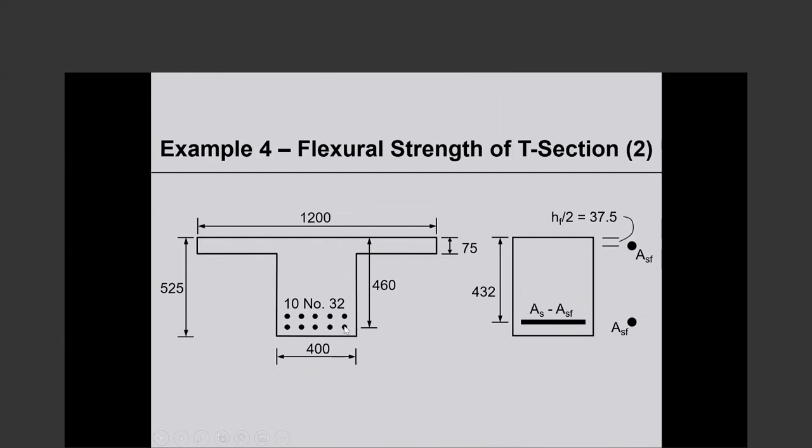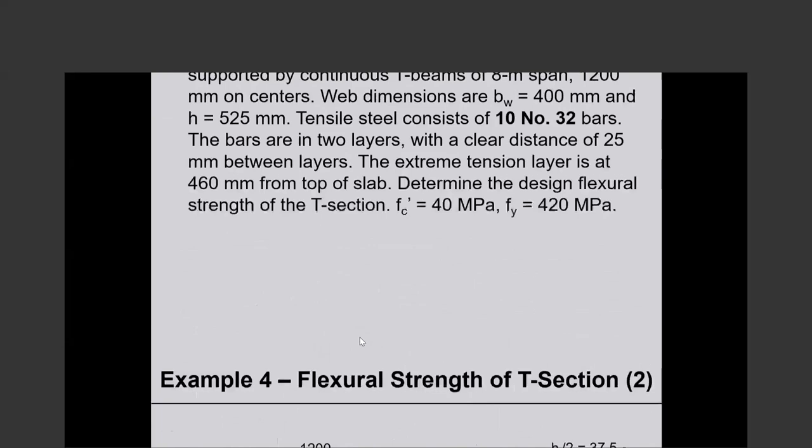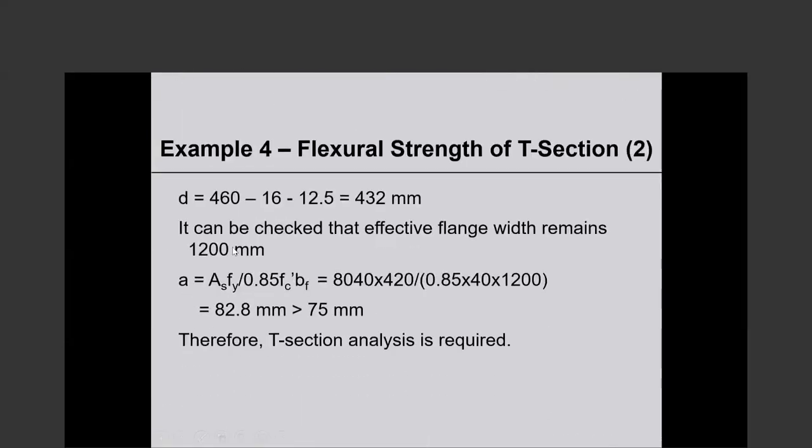So we will take away half the diameter of that bar and half the clear distance between the layers. So 460 minus half the diameter of the extreme tension reinforcement, and the gap between the two layers must have been 32 millimeters. We are taking half the gap. That gives us an effective depth of 432 millimeters. It can be checked that effective flange width remains at 1200 millimeters, what we calculated in the last example.